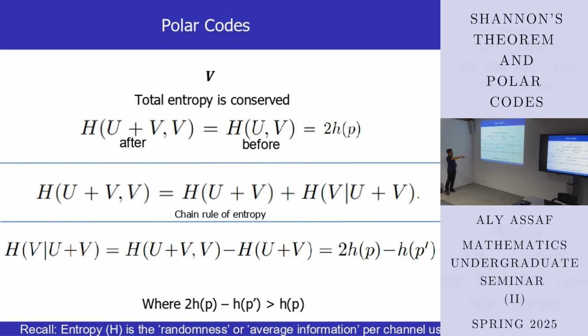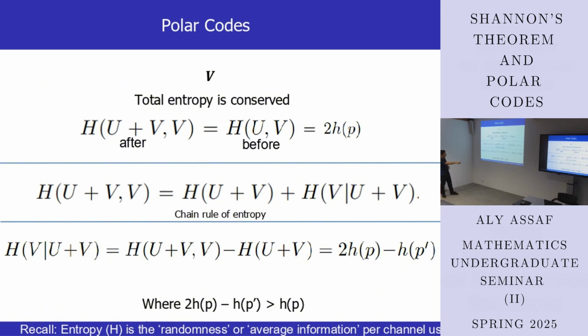We just rearrange this formula to find the new entropy of V, and we obtain this. We've already defined before that the total entropy after is the same as before, which is 2HP here. That's why we plug that in there. And the new probability we know for U plus V from the previous section is P prime. So we have 2HP minus H of P prime.